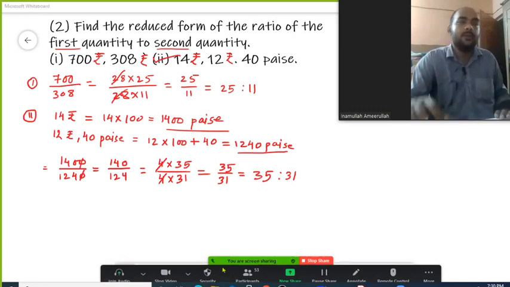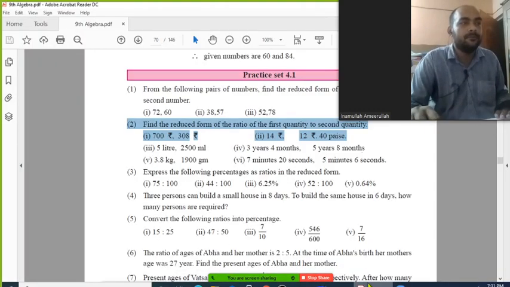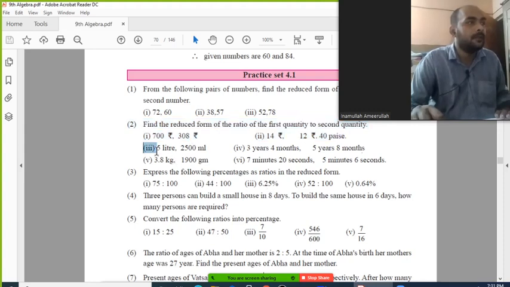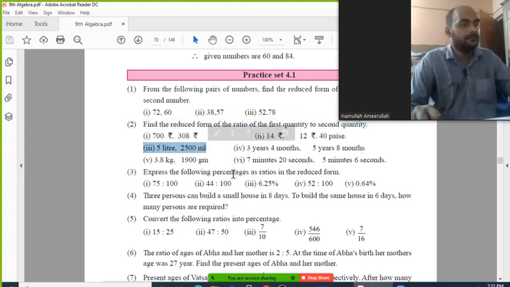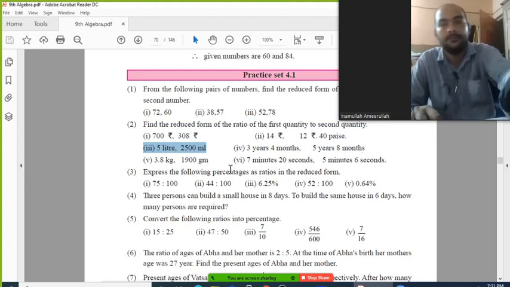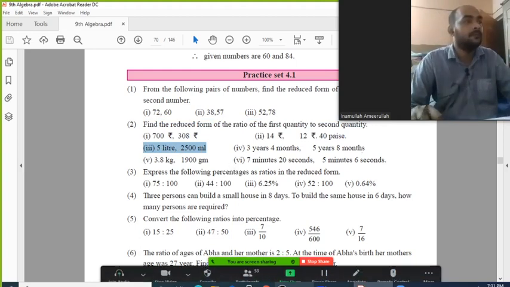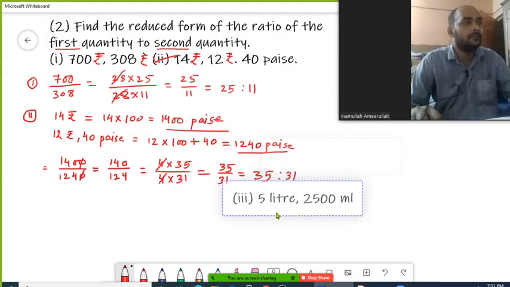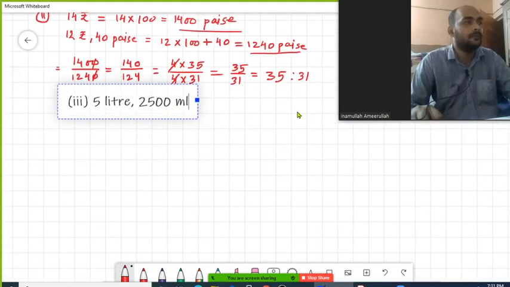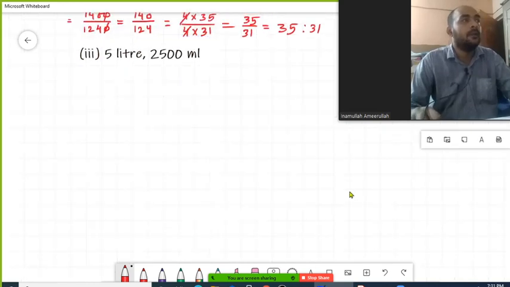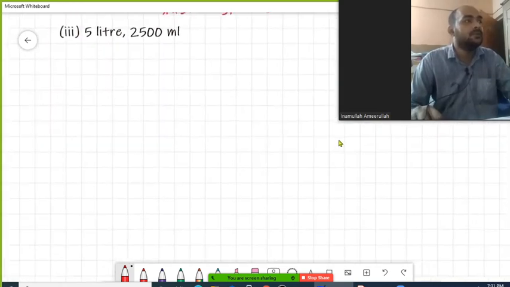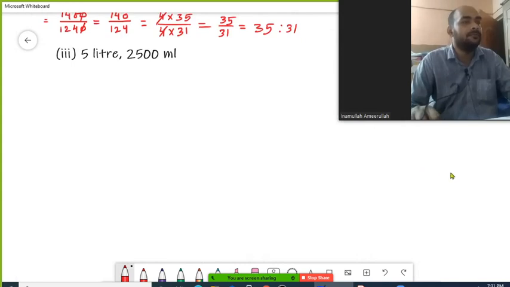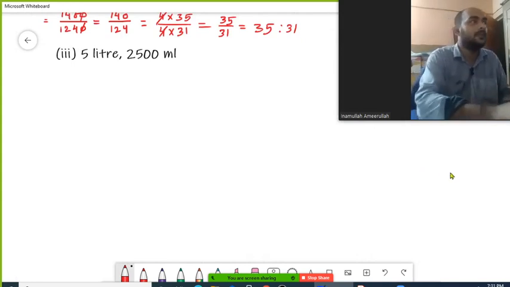We will take one more example from the textbook. This third one. In the third question, the first quantity is 5 liters and the second quantity is 2500 ml.